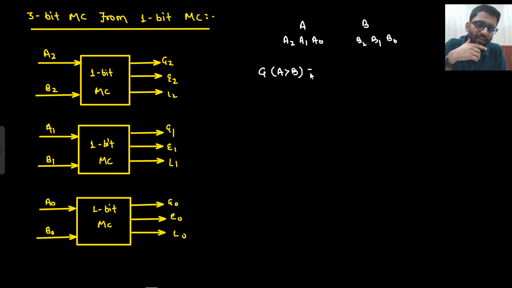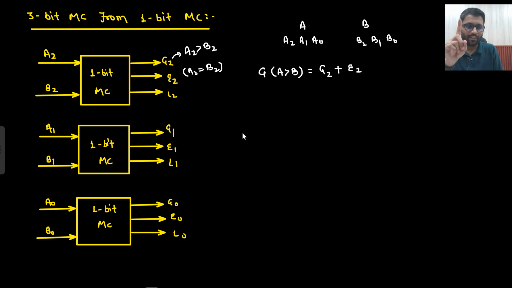So A can be greater than B if initially only you get A2 greater than B2, or if A2 is equal to B2, the MSB is equal, and A1 is greater than B1.